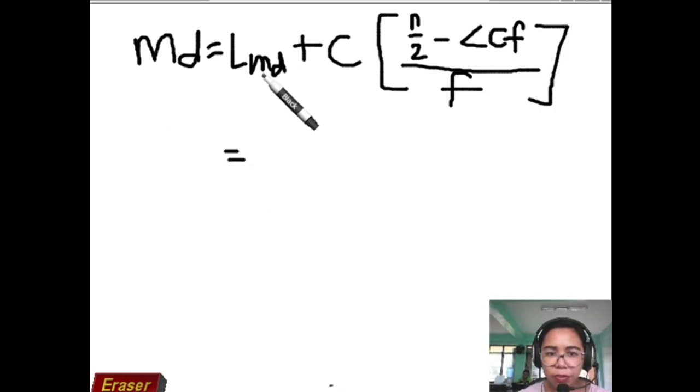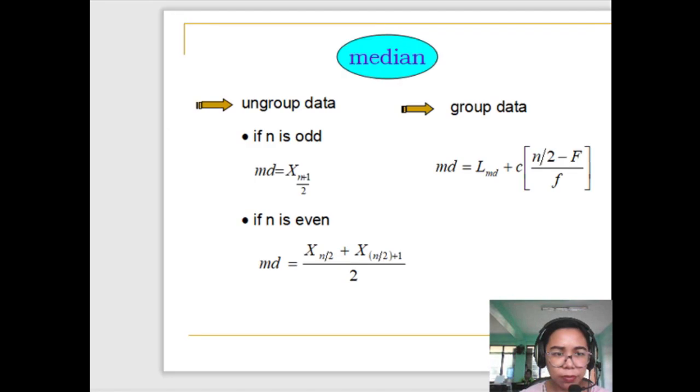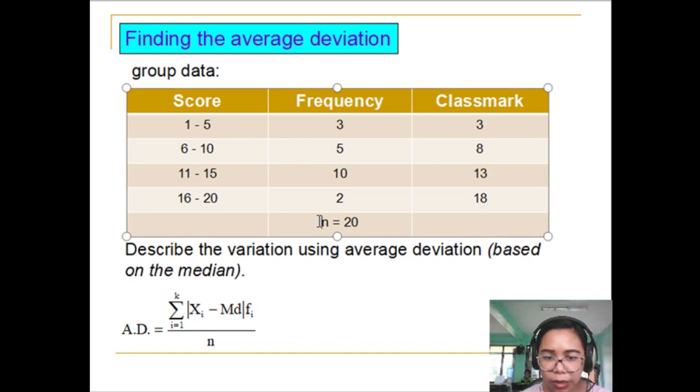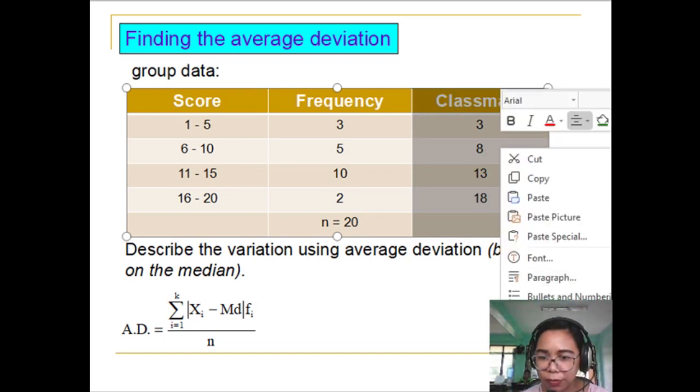Okay, to determine the median class, we have to divide n by 2. Okay, so our n is 20 divided by 2, we have 10. So we determine 10 using the cumulative frequency.